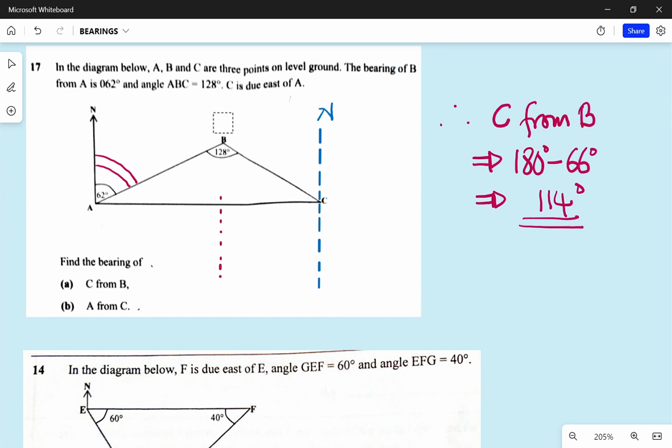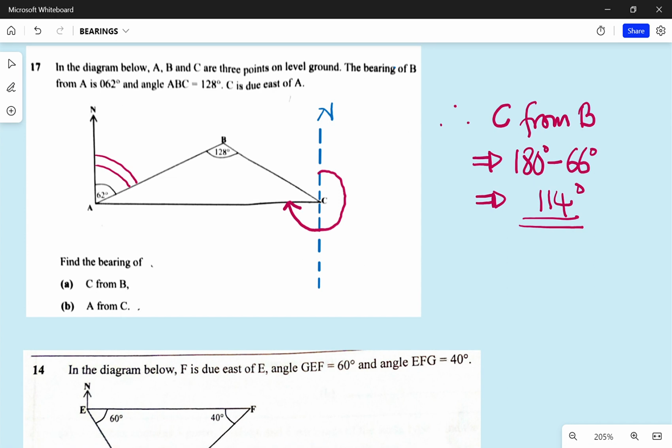A from C is this angle here, from the north of C to the arm of A, from the north line of C here, all the way to the arm of A. This is the bearing that we want. A from C, that is the bearing that we are looking at. Okay, A from C. So meaning from the north of C to the arm that leads to A.